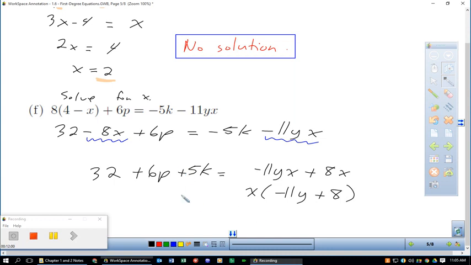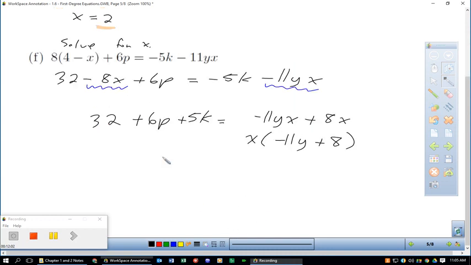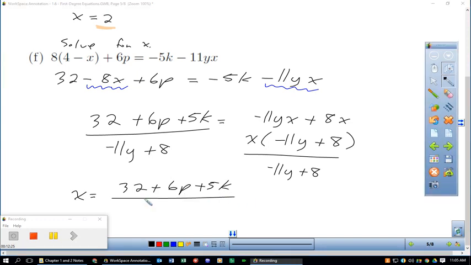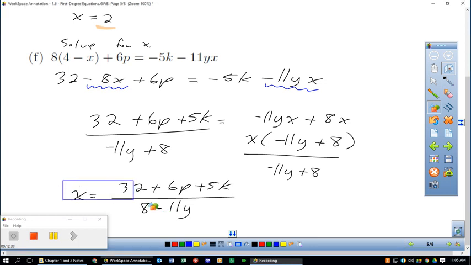So if we take this quantity over here and divide by negative 11y plus 8, that is our value for x. x equals 32 plus 6p plus 5k, all divided by negative 11y plus 8, and I'm going to rearrange it. It might be more acceptable to say 8 minus 11y. So now we've solved for x.